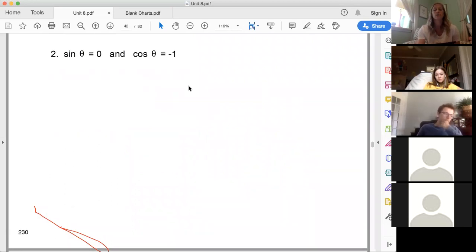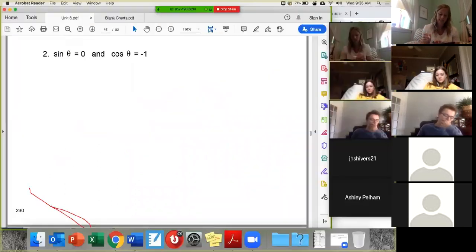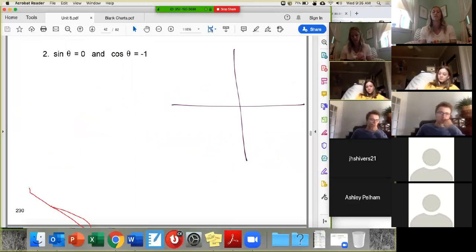Same type of thing with question 2. Sine is 0 and cosine is -1. This one is less restrictions and more just looking at our chart to find values. So we would like to know, where is sine 0 and cosine -1 at the same time?